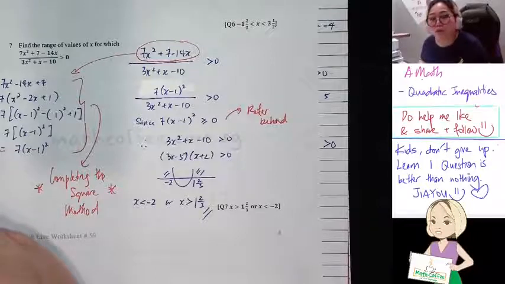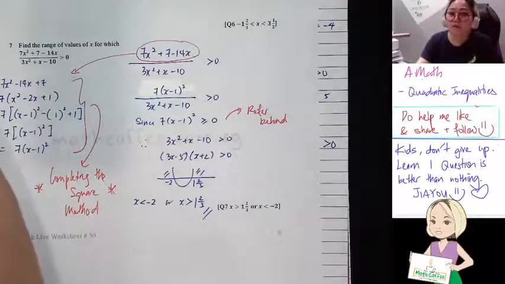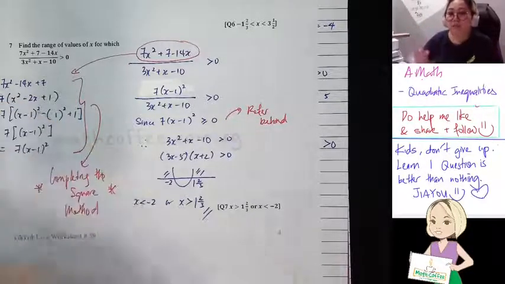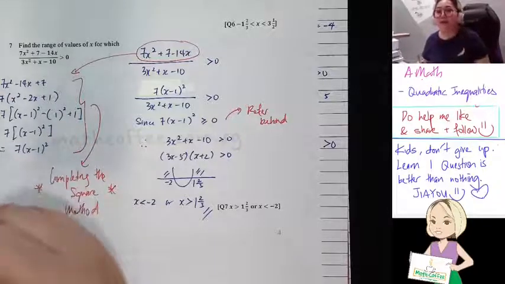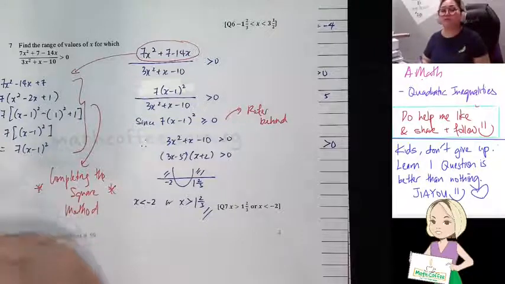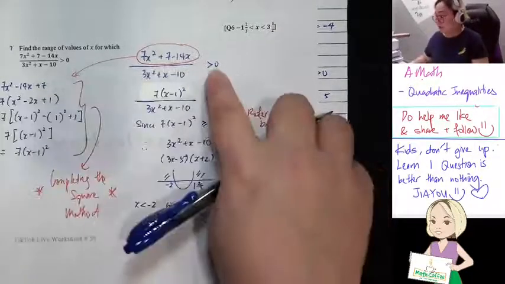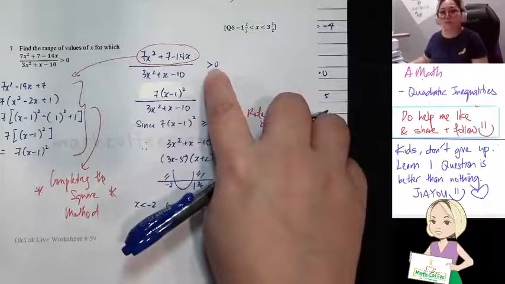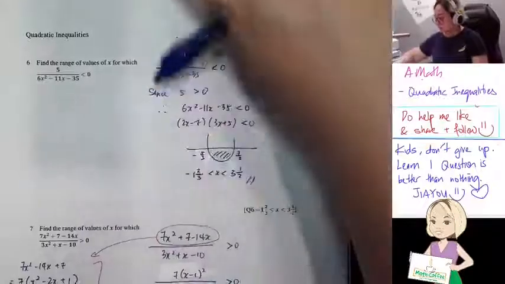If my numerator is negative, I will want my denominator to be negative, because negative divided by negative gives me positive. For this case, because they want the whole thing to be more than 0. All good.